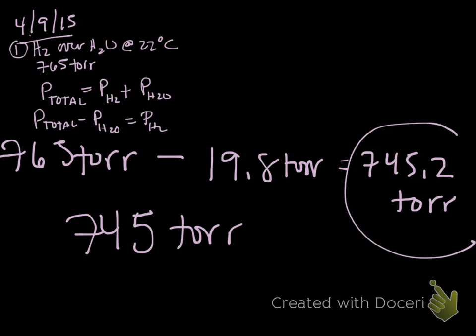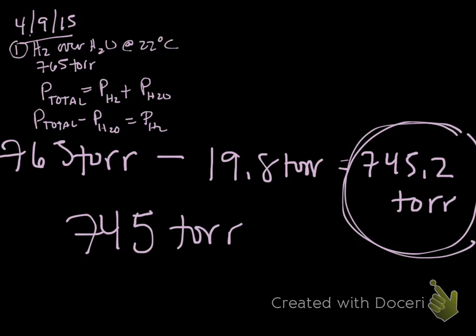Who's got an argument as to why it should be 745.2 torr? If you missed sig figs on this. No, that's already 3 sig figs. Okay, nobody? I was giving you a chance to redeem yourself if you missed your bonus for sig figs, because this is addition and subtraction.